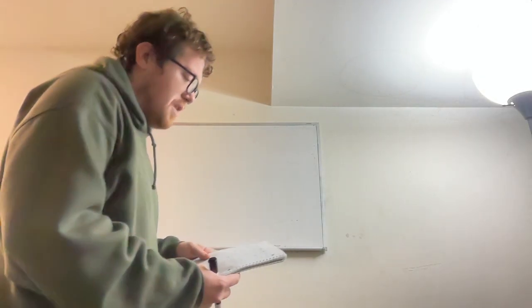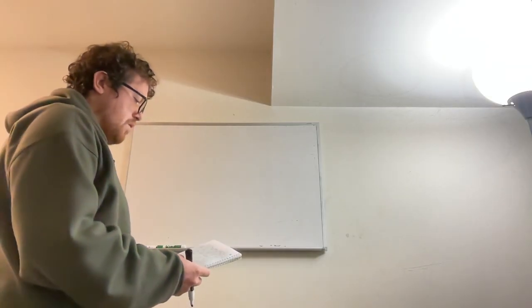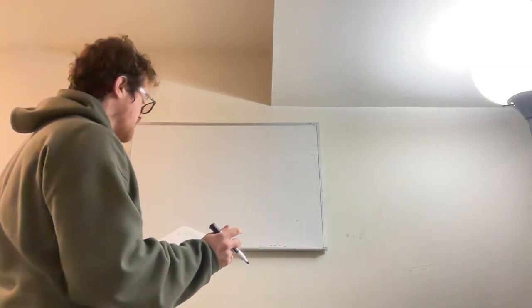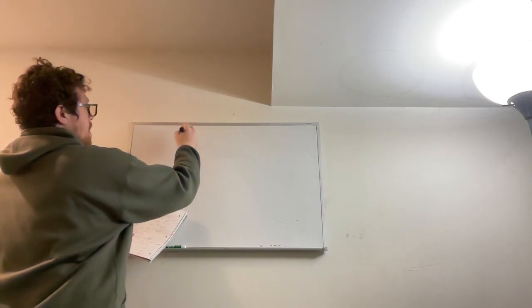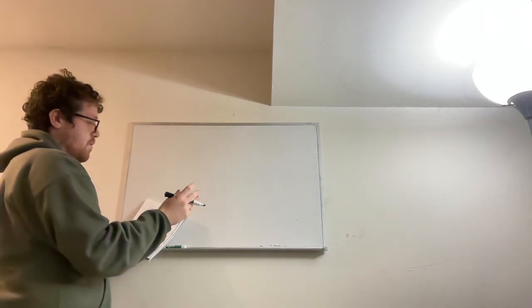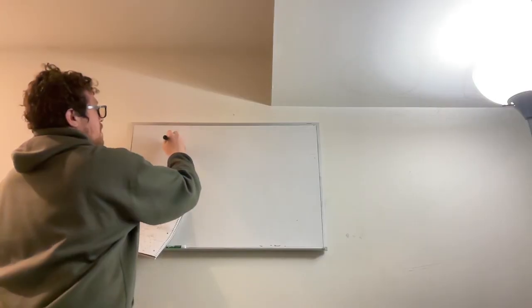Just for time's sake, I'm just going to prove the one part about the cardinalities being the same. So what we're trying to prove is, if we have two different cosets, why do they have the same size?